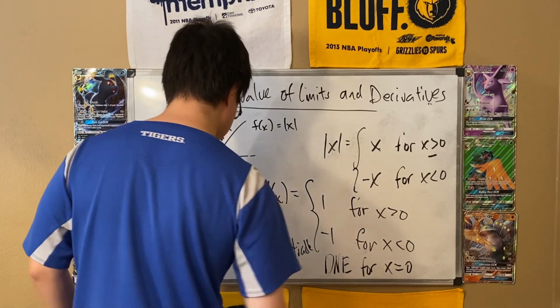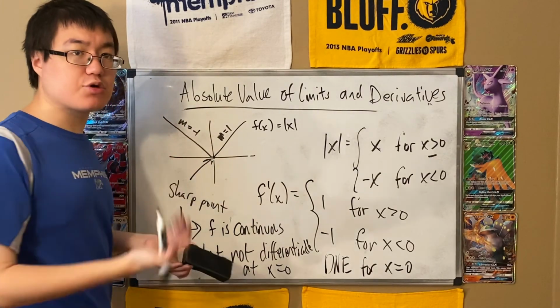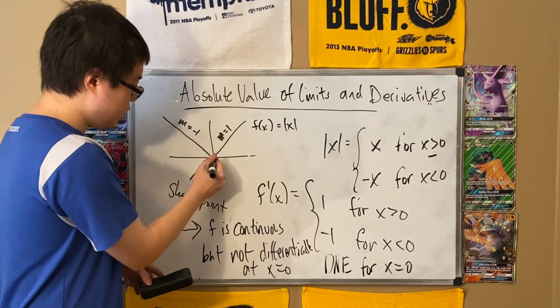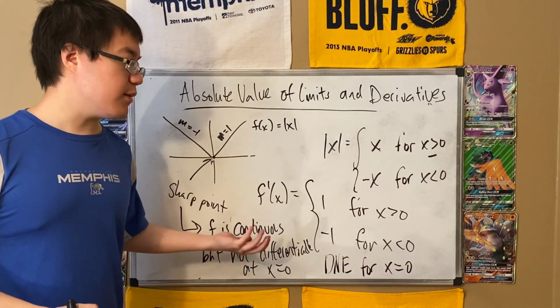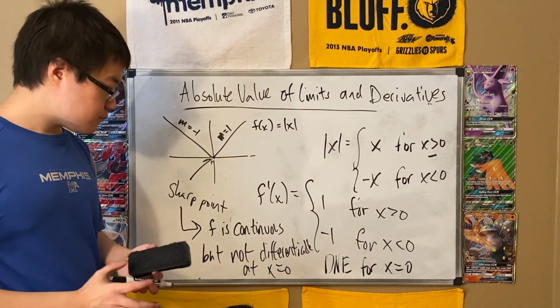In this case, it's x equals 0. Because it is continuous, notice that as I draw this picture, I don't lift up my pencil or my marker as I draw the sharp point, but the sharp point means that the derivative doesn't exist at that point.